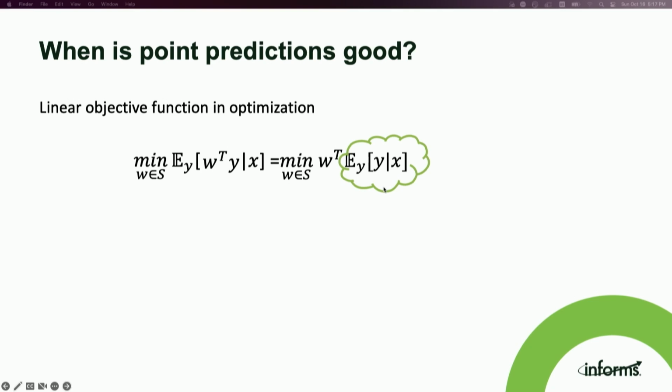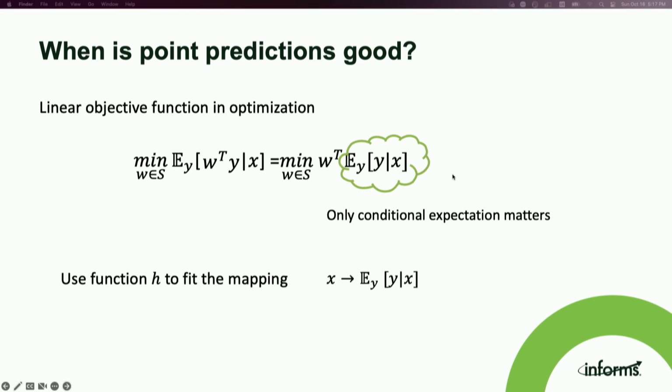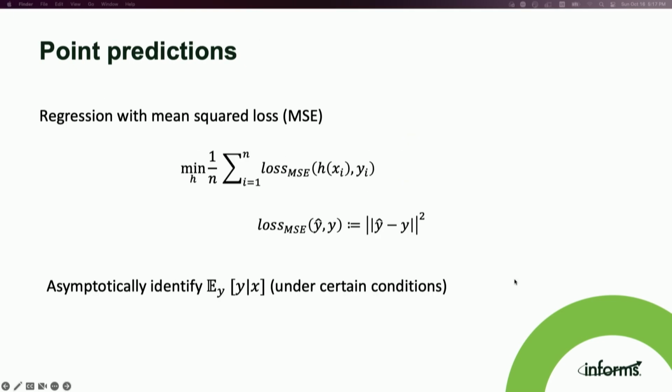So in this case, only this conditional expectation matters. Then our goal is to use a function to learn this mapping from data. And all well-established regression methods would do this job. This is a standard way.